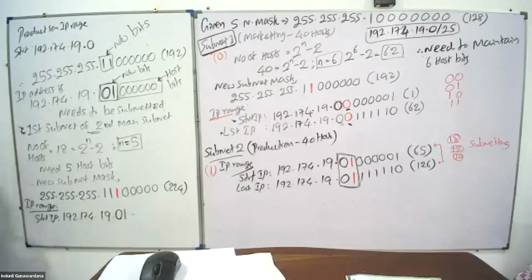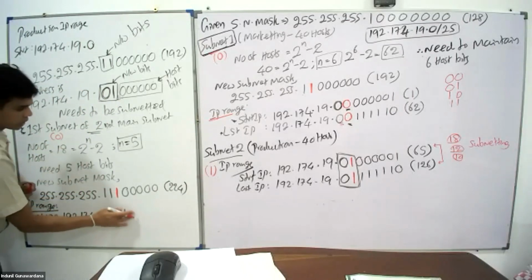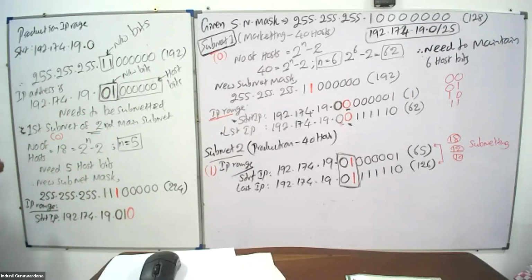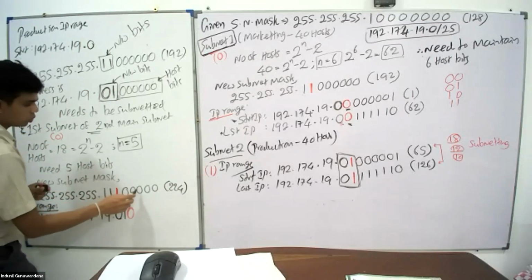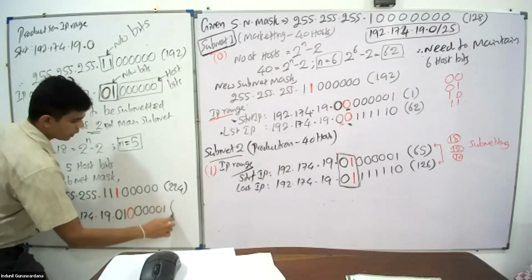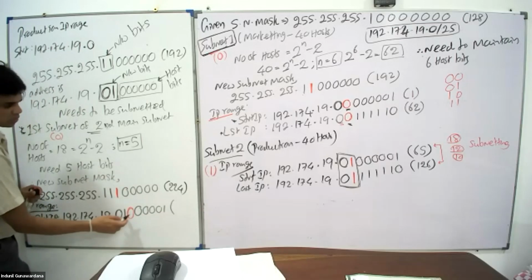First subnetwork now I will maintain the subnet bit at 0. 0, 1, 0. Then that's going to be 0. And then the starting host is going to be 1, 2, 3, 4, and 1. In decimal is going to be 64, 65.